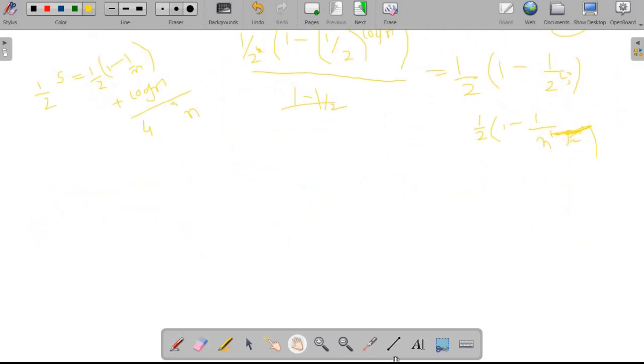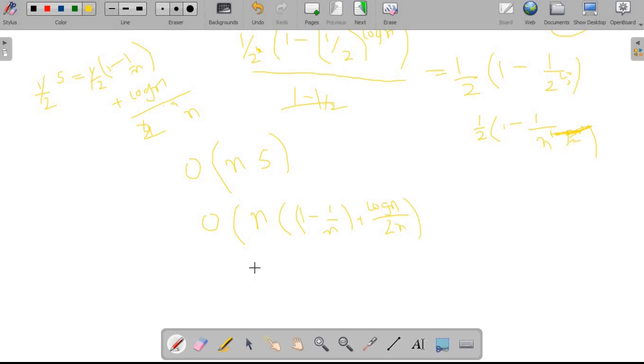Now the time complexity that we were looking for was order of n into this summation S. So this half gets cancelled out over here. This becomes 2. So now we have n into 1 minus 1 by n, and this term plus log n by 2n.